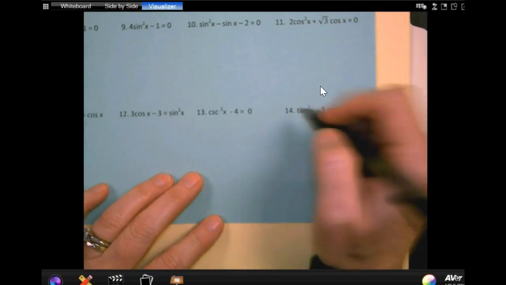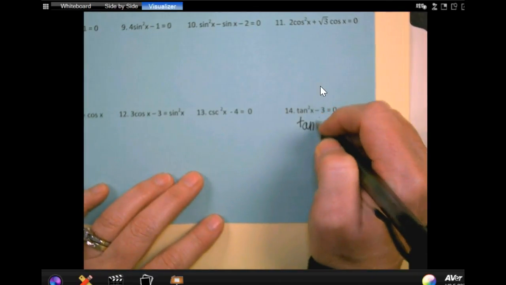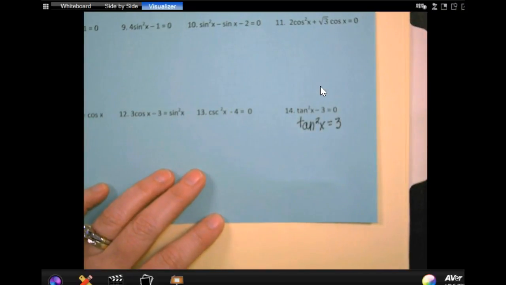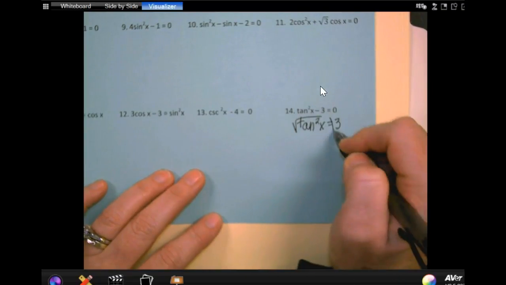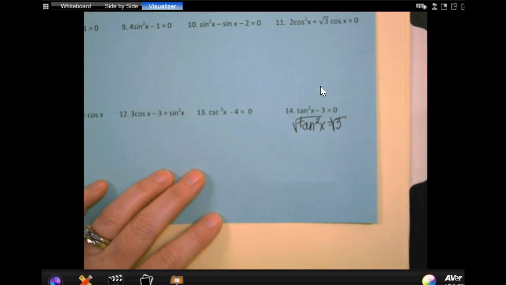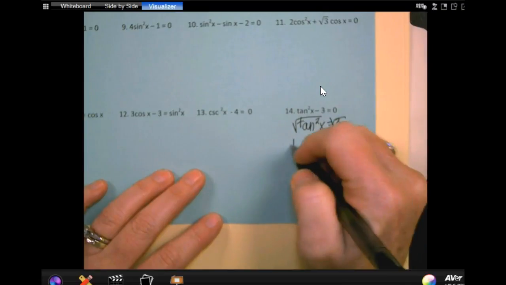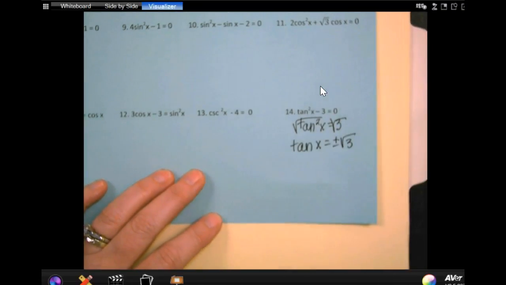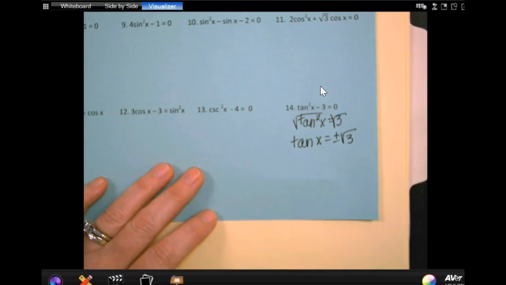So I'm going to add the 3 to the other side. Savannah. When I add the 3 to the other side, what do I do to get rid of the squared now? And when I square root, what do I get? The plus or minus, because otherwise you get it wrong. So you have plus or minus the square root of 3.